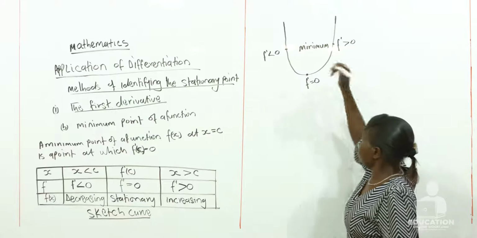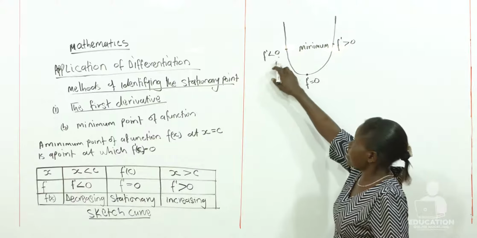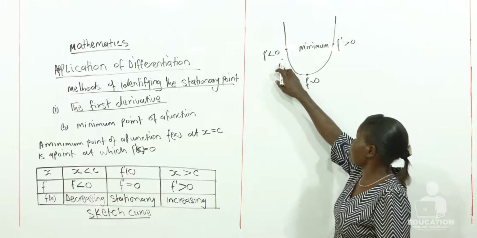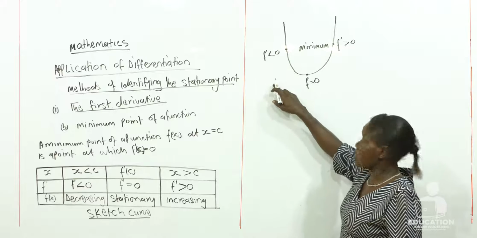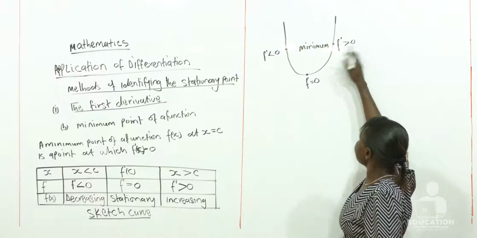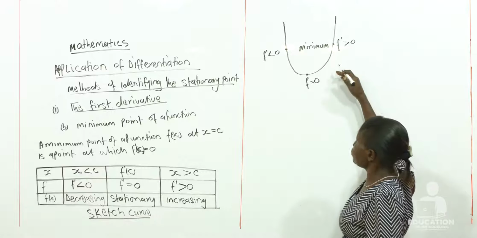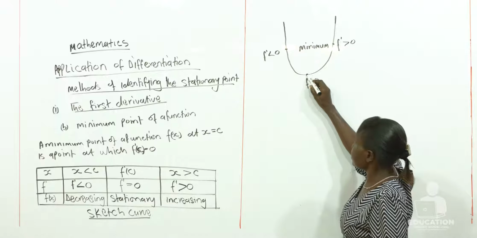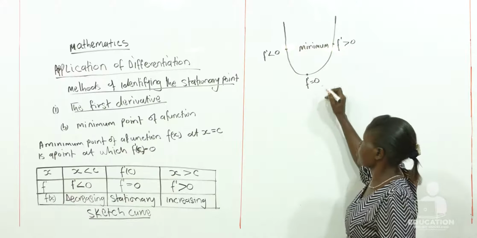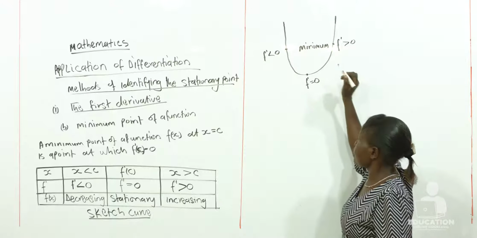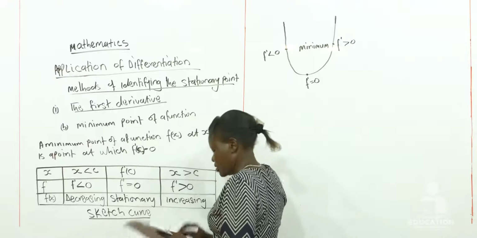On the left-hand side, the gradient will be less than 0, so the function will be decreasing. On the right-hand side, the gradient is greater than 0, which means the function will be increasing. And here is our stationary point, where the gradient equals 0. This kind of curve is what we call a minimum curve, or a minimum point of turn.